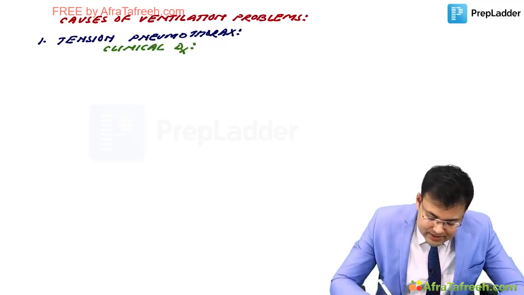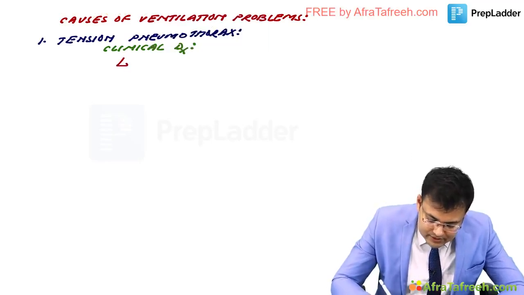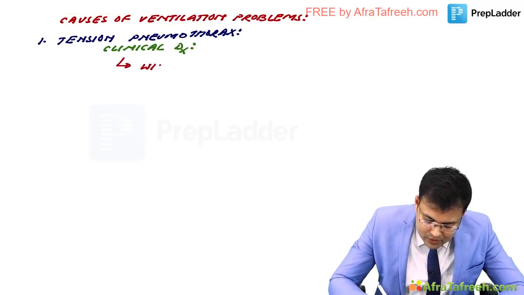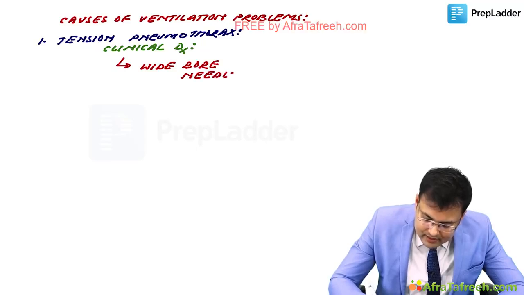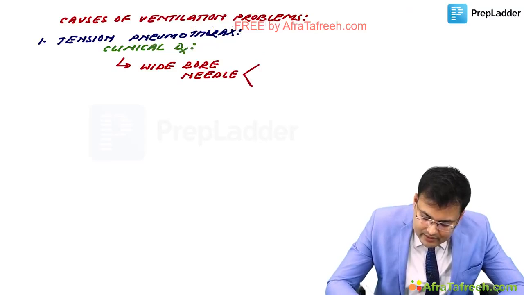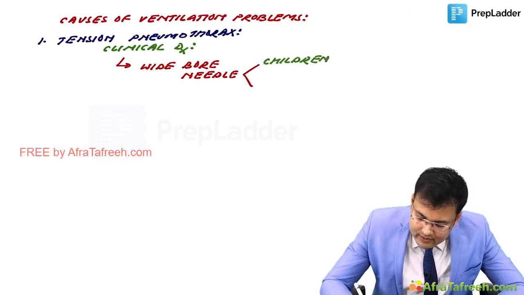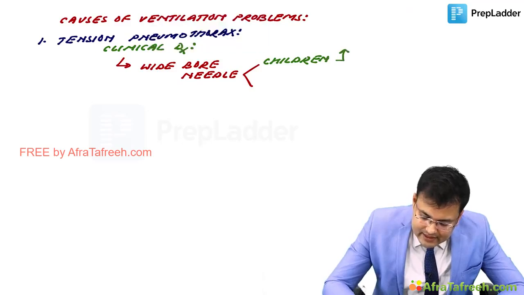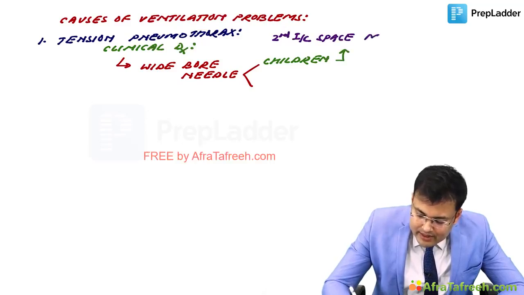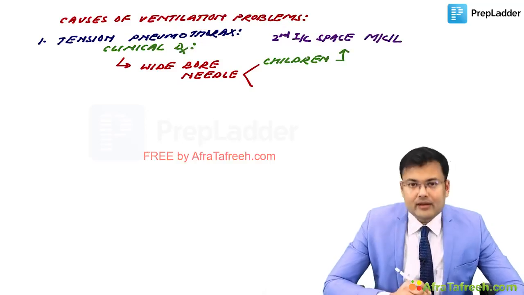On the basis of suspicion, we are supposed to insert a wide bore needle. Clear? Now where? In children, it is second intercostal space, in the mid clavicular line, right?